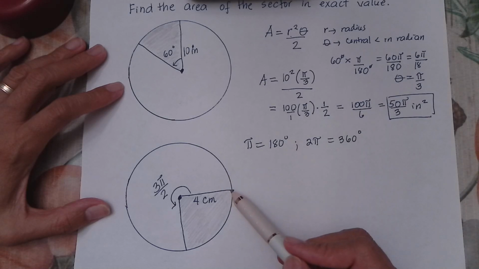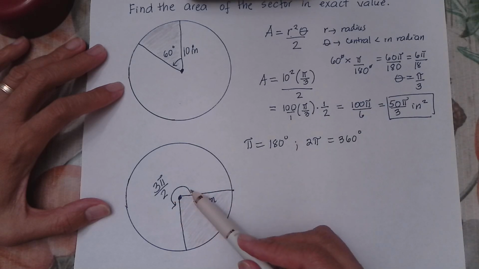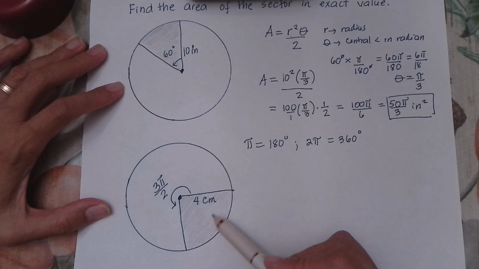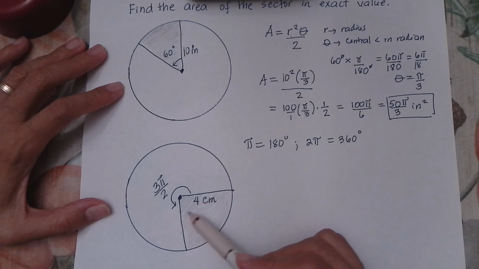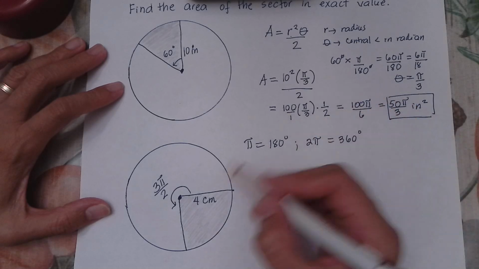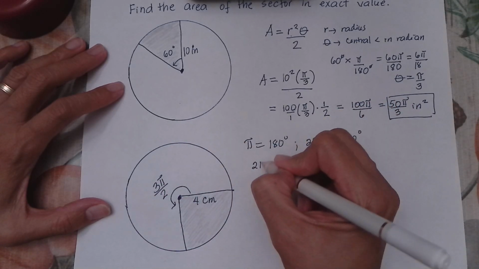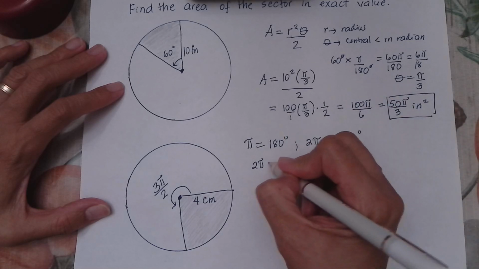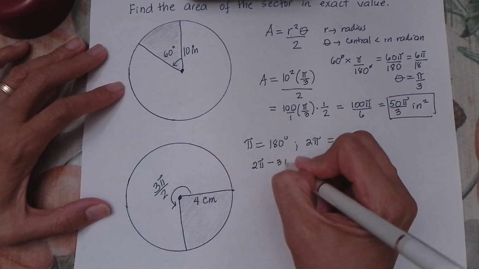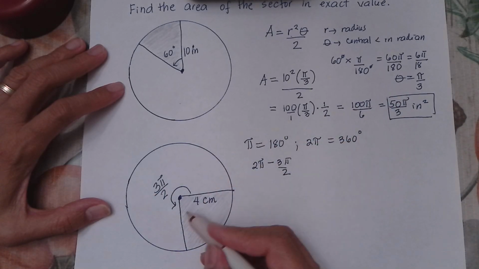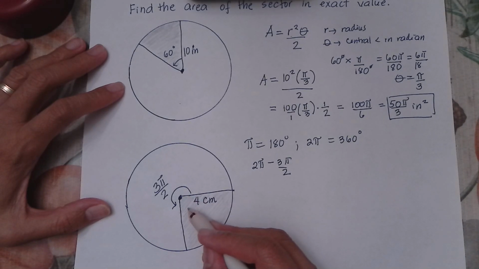So if you're given 3 pi over 2 over here, how are you going to find the corresponding theta over here? We're going to subtract 3 pi over 2 from 2 pi, because that's 1 revolution, so that we can find this theta here.